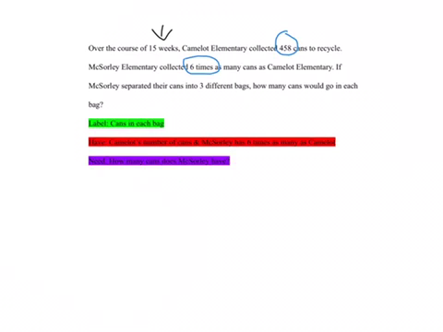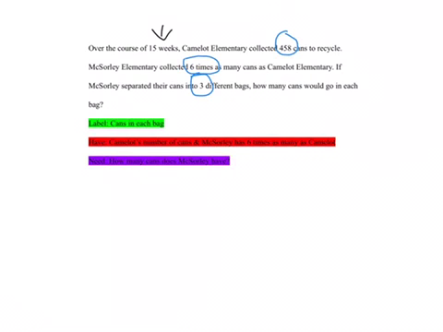Camelot Elementary collected 458 cans to recycle. McSorley Elementary collected 6 times as many cans as Camelot Elementary. If McSorley separated their cans into 3 different bags, how many cans would go in each bag?